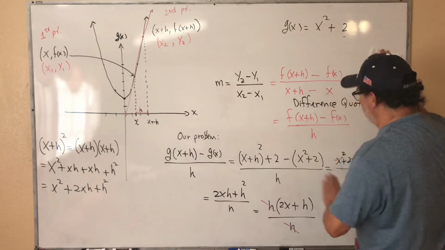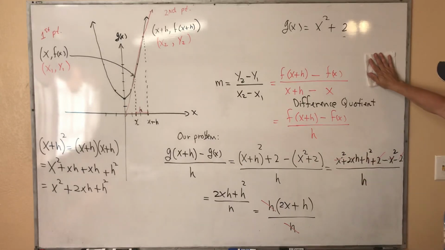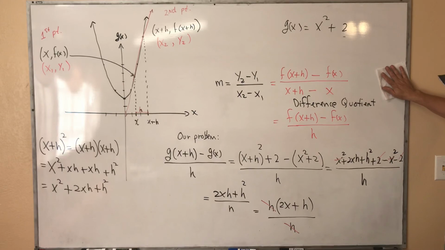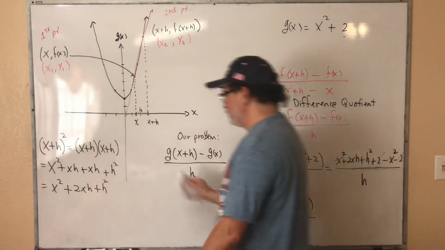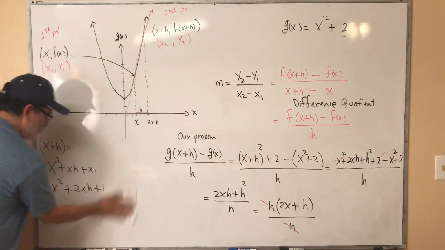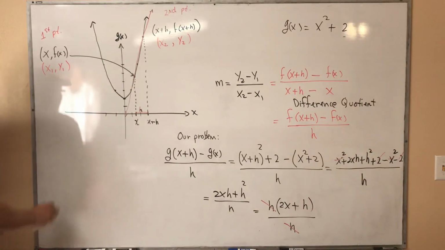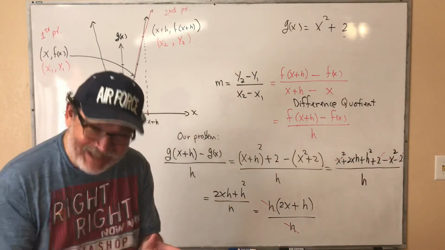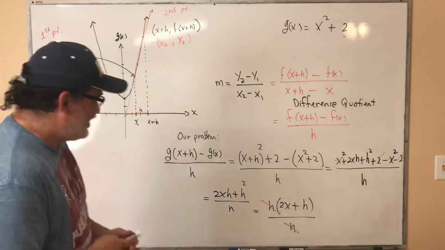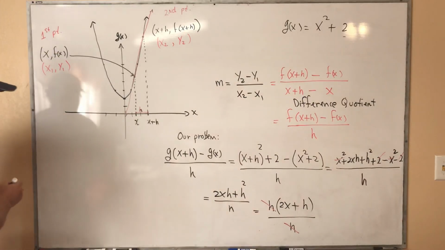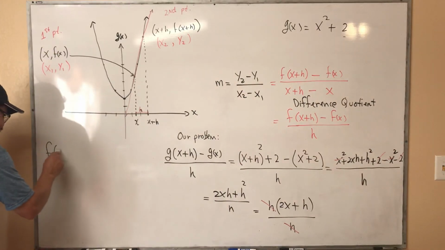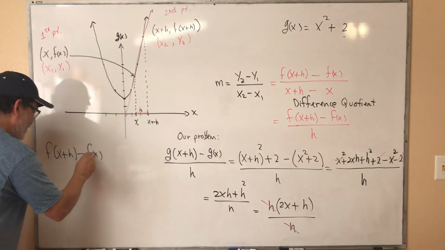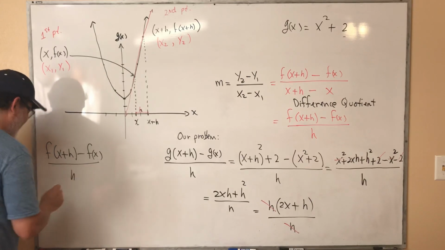So, in reality, what is the difference quotient for this one? I gotta erase this, okay? The difference quotient is right there. This is the difference quotient for this function. Okay, good class, don't forget that. For this function, the difference quotient, f of x plus h minus f of x all over h.